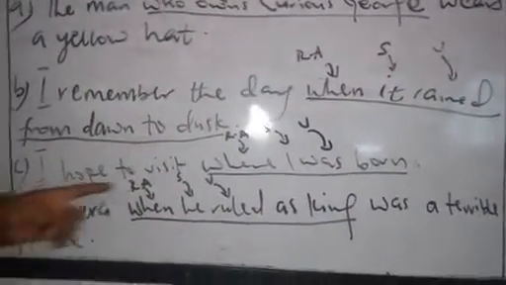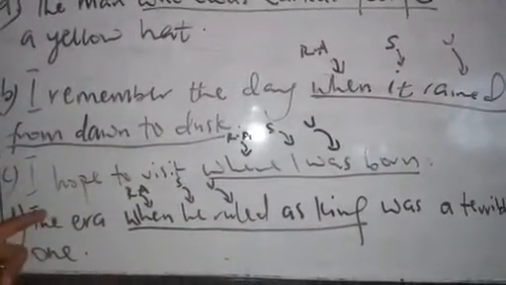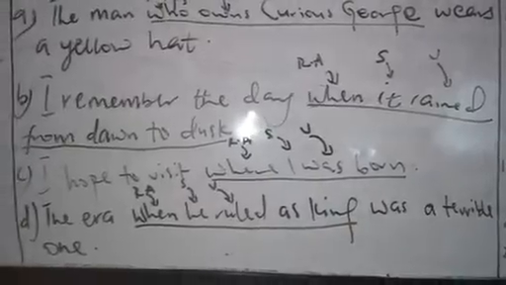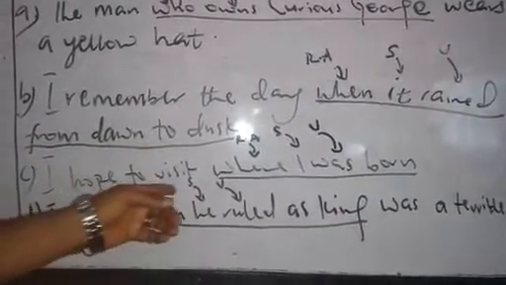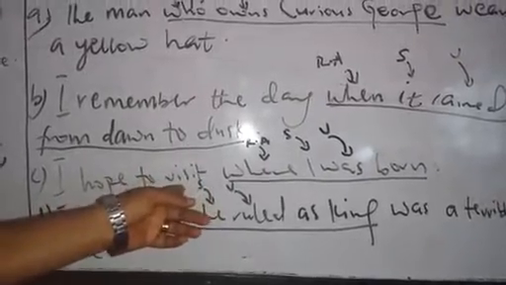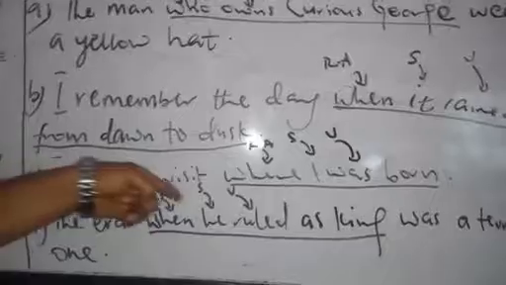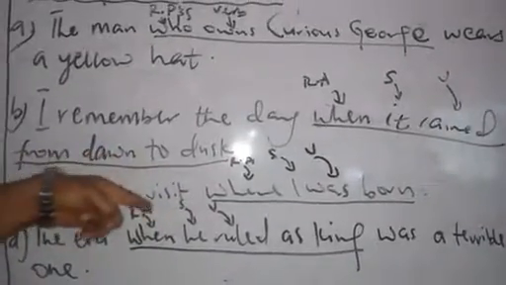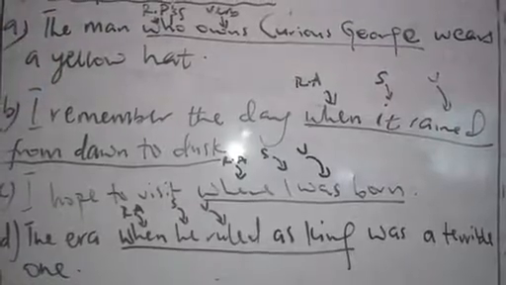I hope to visit where I was born. Now look at this. This does not fit here. Why? Because of visit. I deliberately put this example here so as to explain the above.